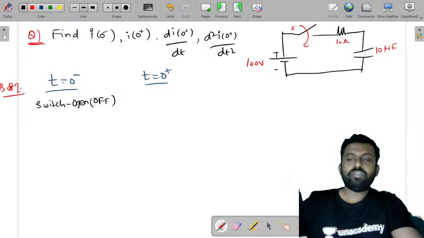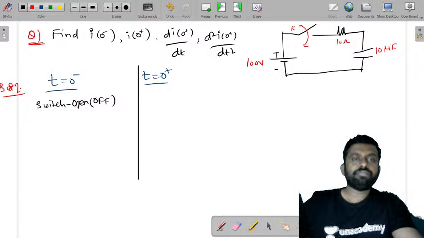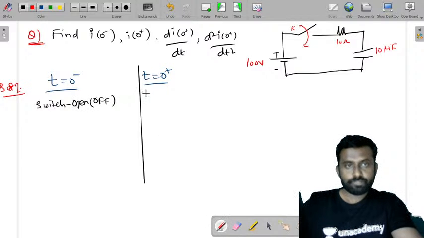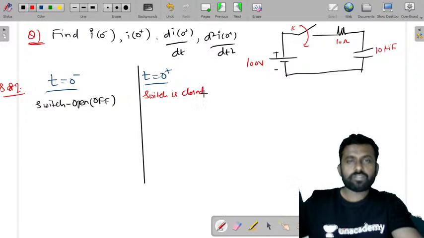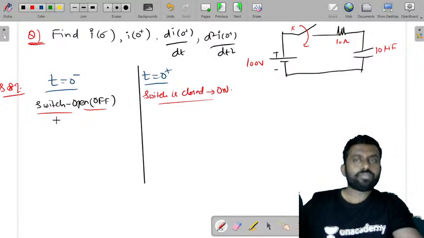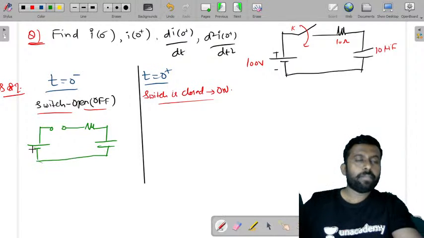And at t = 0+, the switch is closed, or it is on. Now let's draw that diagram. This is open or off. You have a resistor and a capacitor, and the voltage is 100 volts.